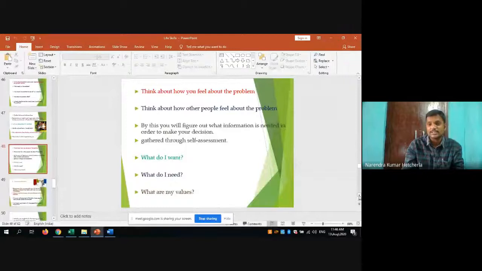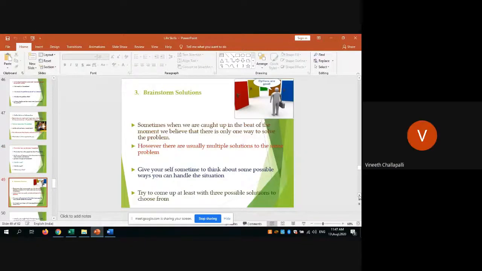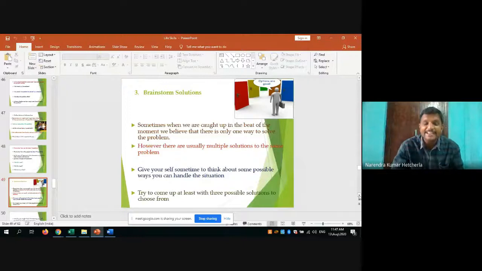Okay, let's move to the third. Any doubts regarding these two steps, students? Identifying the problem and next, gathering relevant information. Is it okay with you? Yes, sir. Next, brainstorming. What does brainstorming mean? Any idea?